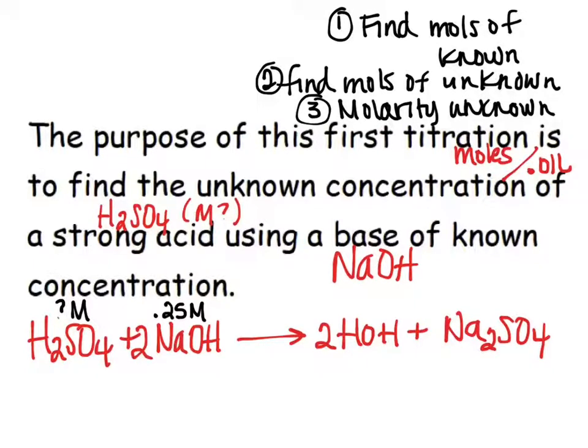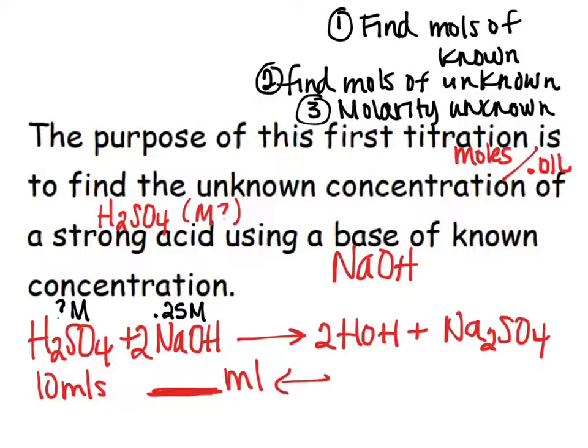So what you're going to do is you are going to have 10 mils of your sulfuric acid. And we are going to titrate that with sodium hydroxide, 0.25, and we're going to figure out how much of that sodium hydroxide it takes to get to equivalence point to neutralize that H2SO4.